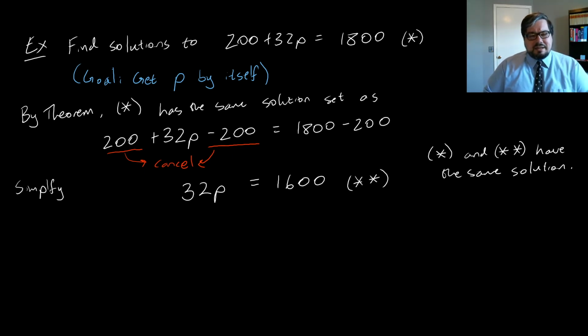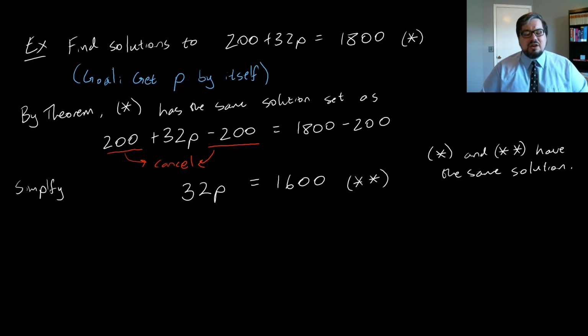So now I want to think, how can I get the left-hand side of this equation even simpler? How can I get rid of this 32 in particular? So here we use another strategy when solving equations. We want to get this p by itself. We want to get the variable by itself.